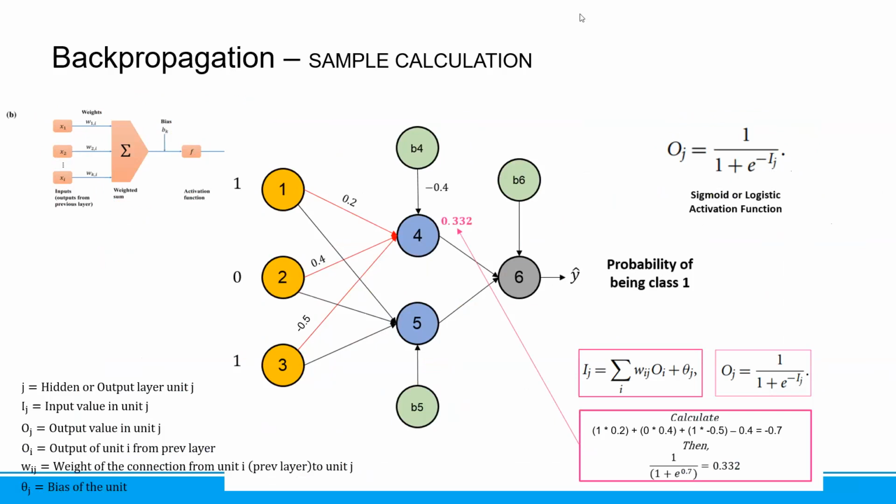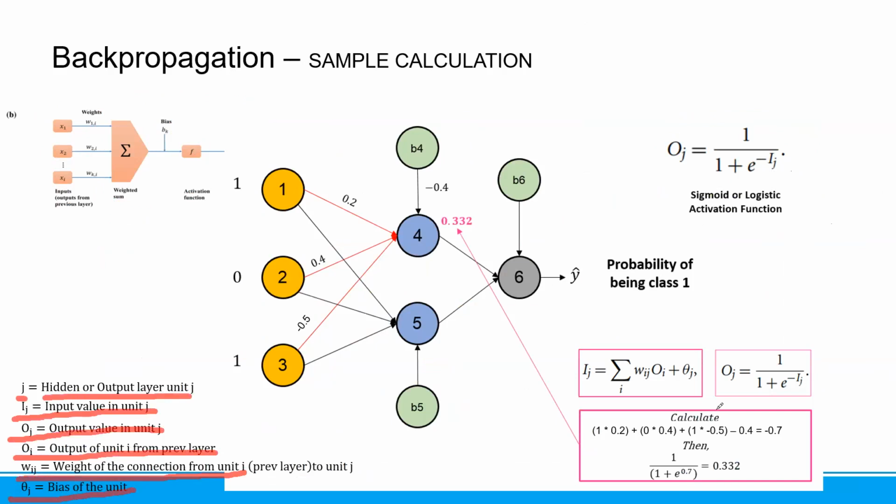So we have this notation. j is the hidden or the output layer unit j. Ij means the input value. Oj is the output value in unit j. Oi is the output of unit i in the previous layer. Wij is the weight, and theta is the bias.